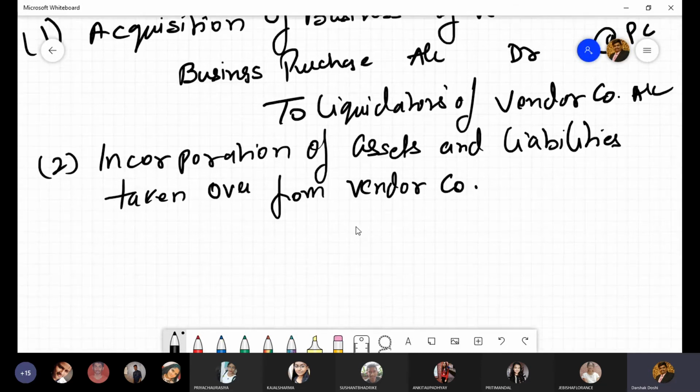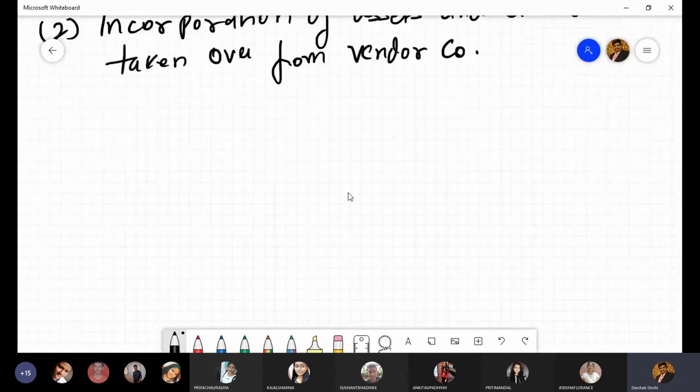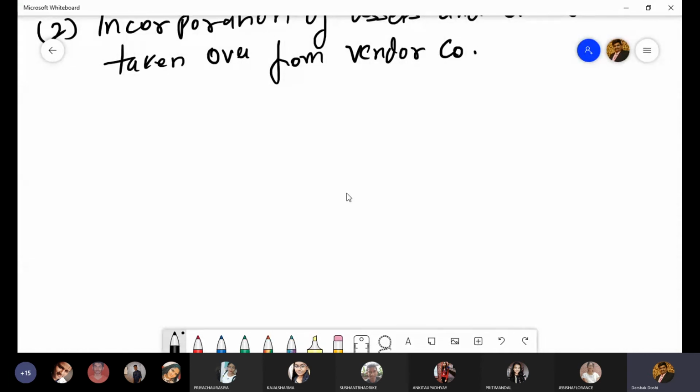So here, this is the place where we will record all the assets which are taken over, all the liabilities which are taken over from the liquidators of the vendor company. So we will debit all the assets which are taken over. I repeat, we will debit all the assets which are taken over at taken over value.